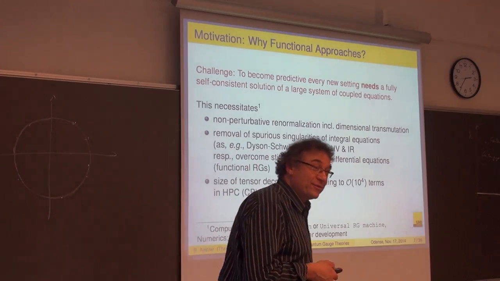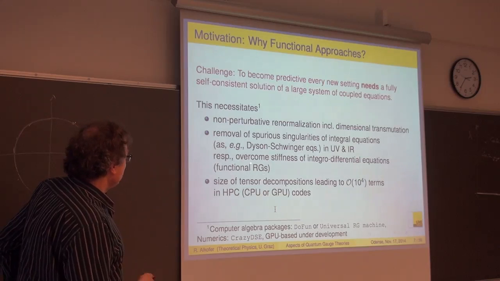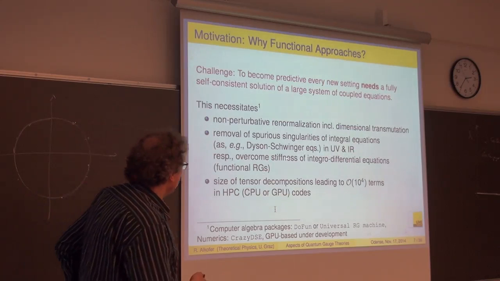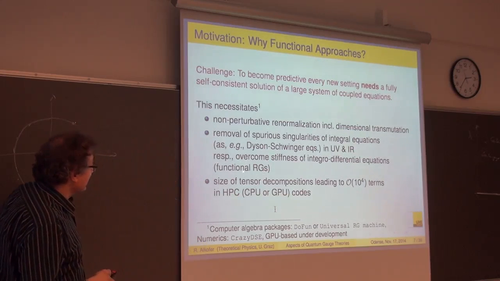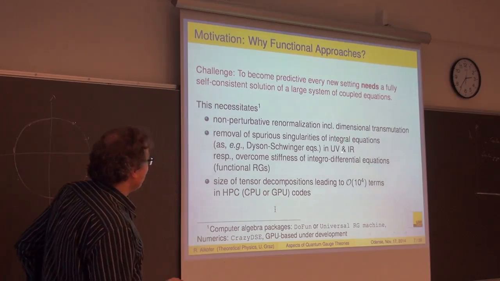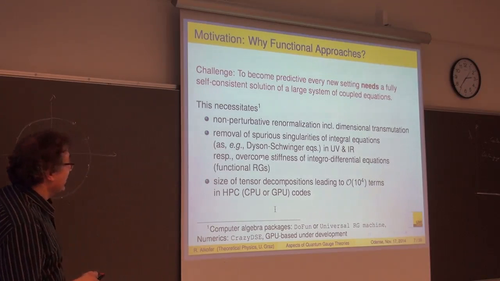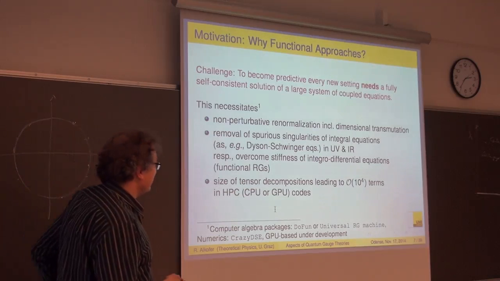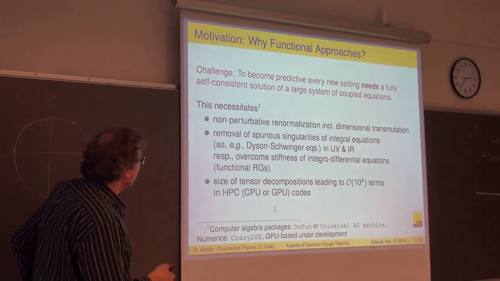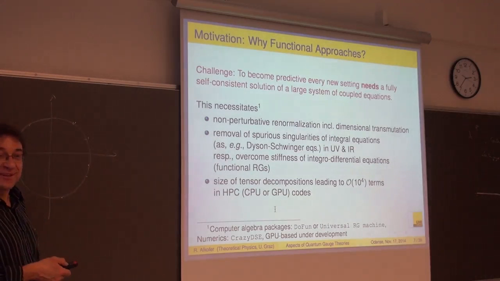You have to be very careful that the no free lunch theorem hits you here, because these RGs are differential equations containing some integral expressions, and there are something like the differential formulation of these integral equations, so whenever the numerical method becomes tough here, you expect the numerical method to become tough here too, and you see this as an extreme stiffness in the corresponding equations. So you have here some really hard technical problems. In this sense we're also not so much different from the lattice community, which also has to solve technical problems.